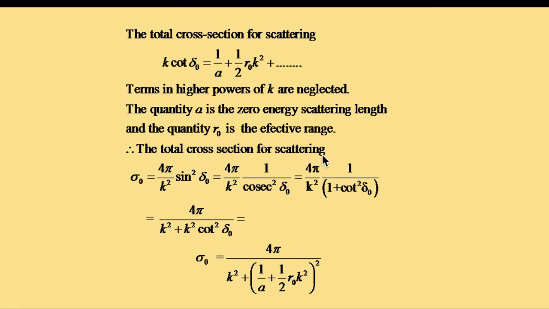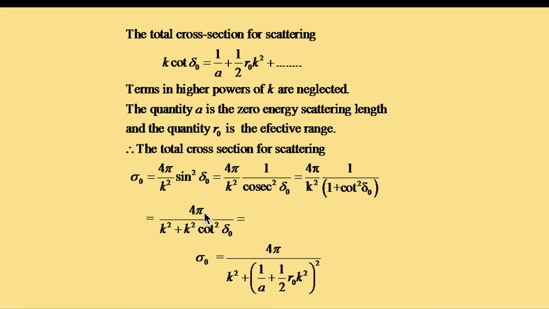Therefore, the total cross-section for scattering can now be written as sigma 0 equals 4 pi by k square sine square delta 0. This sine square delta 0 can be written as 1 by cosecant square delta 0, and cosecant square delta 0 can be written as 1 plus cot square delta 0.